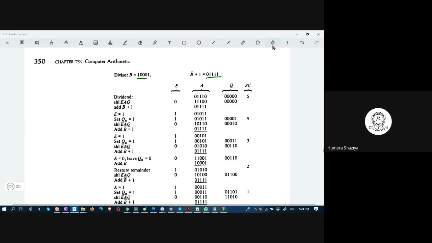Therefore, the sequence counter is 5, and the divisor is 5 bits. Dividend is 10 bits. So 10 bits are stored in both A and Q. In A there are 5 bits, in Q there are 5 bits. This is the dividend. This is sequence counter, and this is extended bit E, a flip flop. It is a single bit.